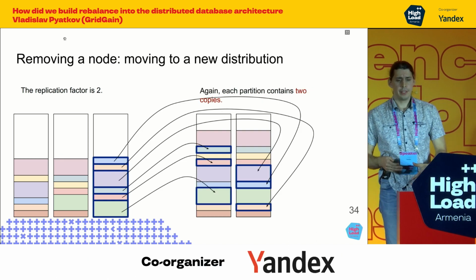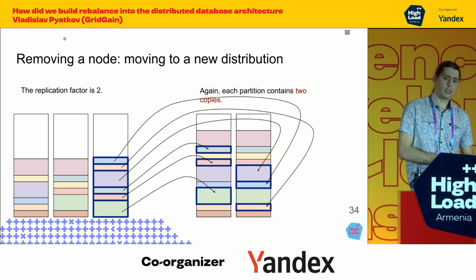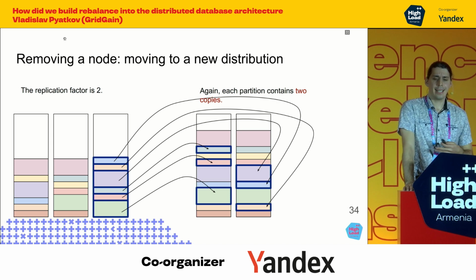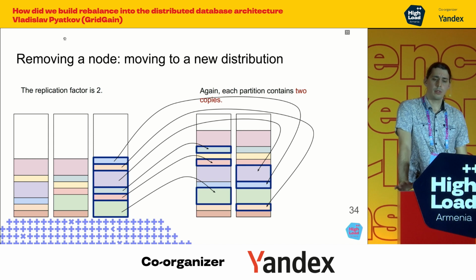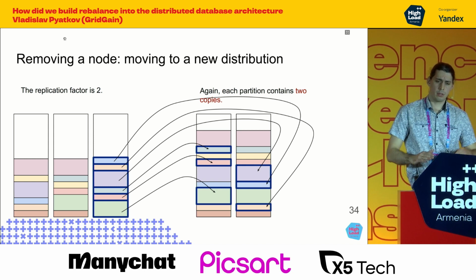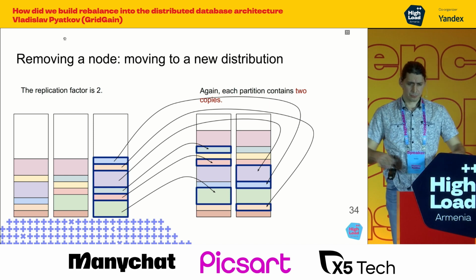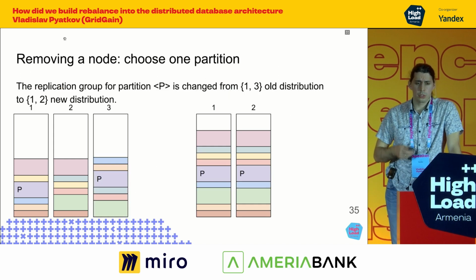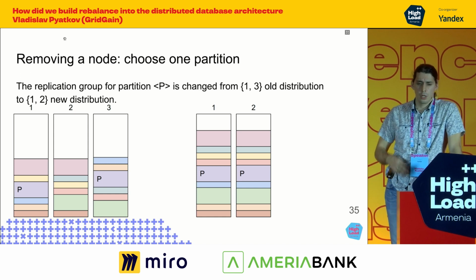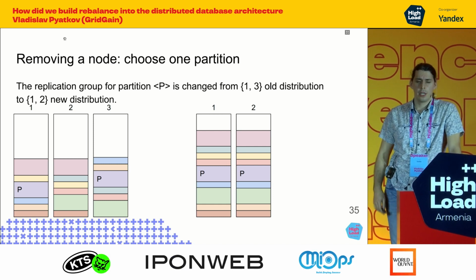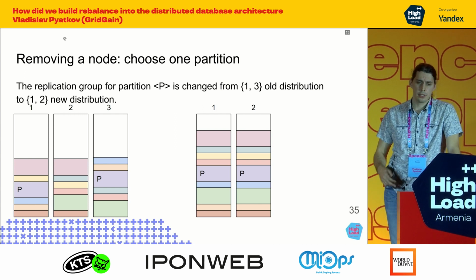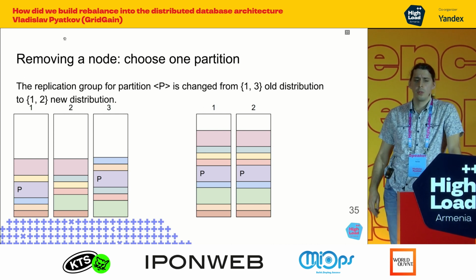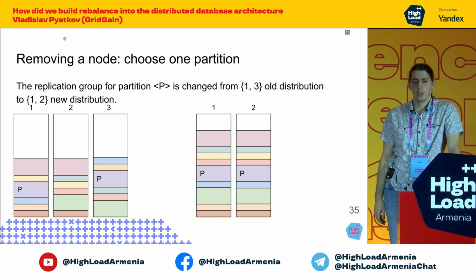And we should recalculate the distribution and move some partitions to recreate the partitions on the remaining nodes. When we recreate them, of course, in the new distribution, data is distributed uniformly and returns to the replication level. If we choose one partition that was stored on node 3, in the old distribution we had a replication group for the partition containing nodes 1 and 3, and then we have a replication group containing nodes 1 and 2.